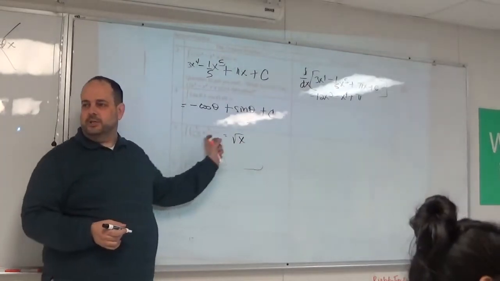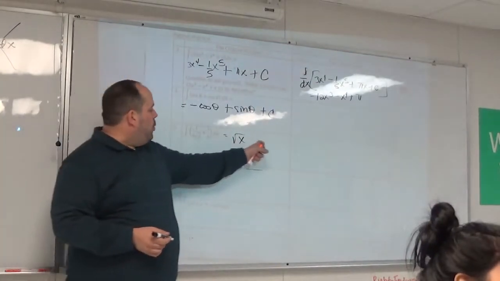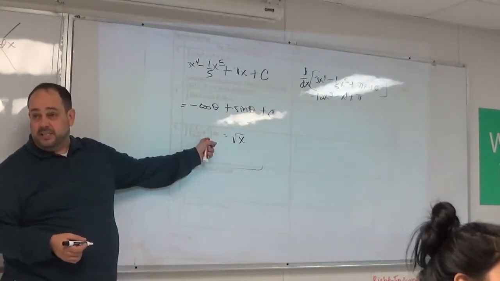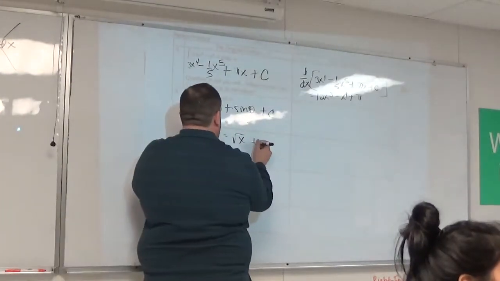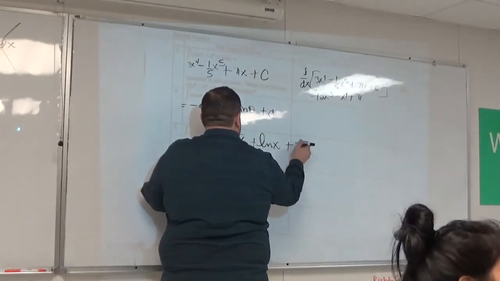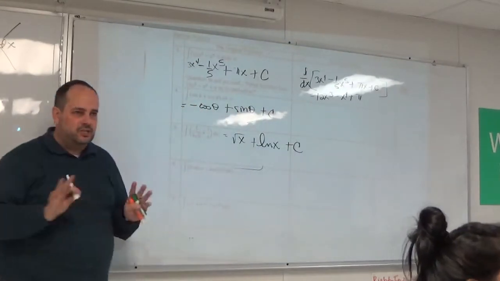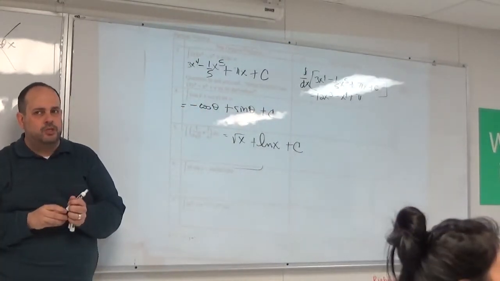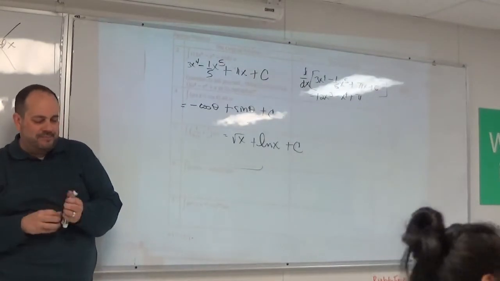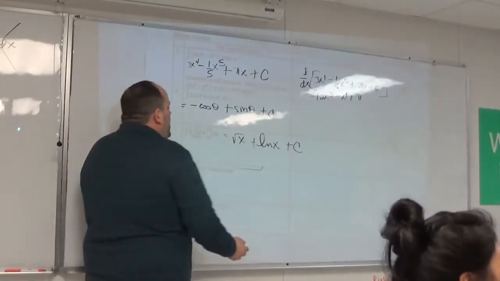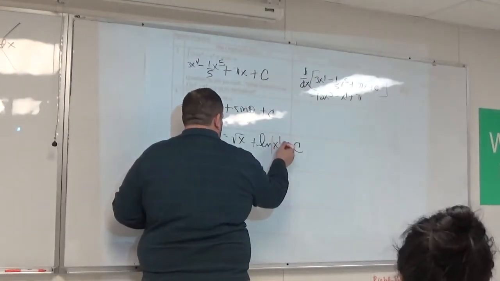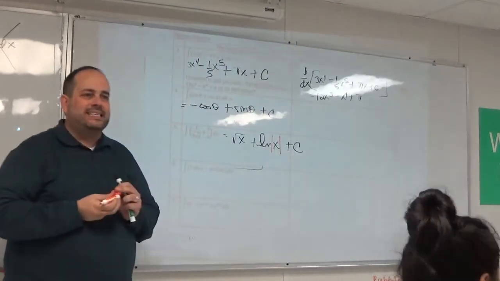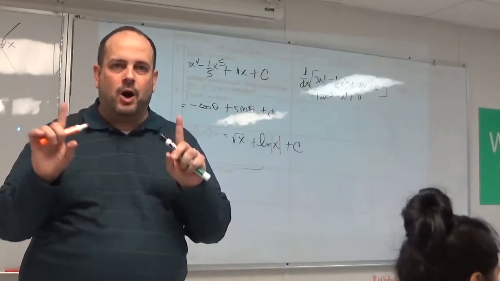Derivative of square root of x is 1 over 2 square roots of x. What do you take the derivative of and get 1 over x? Natural log of x. Now hold on. Okay, plus c. There are calculus teachers out there right now who are like, oh my god, Mr. DeRozier's wrong and he doesn't know that he's wrong. And I know that I'm wrong. It's actually natural log of the absolute value of x, and we'll continue that conversation tomorrow.